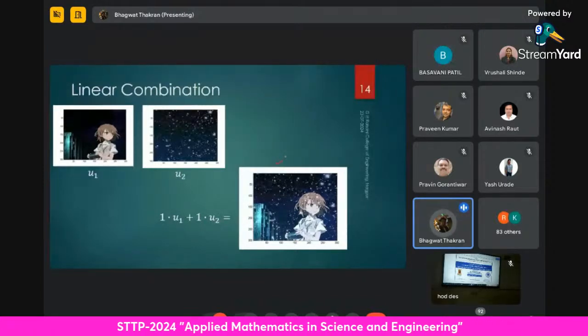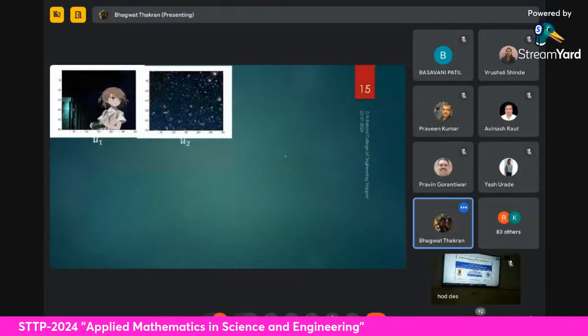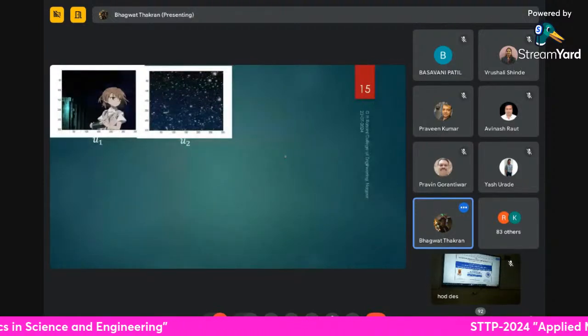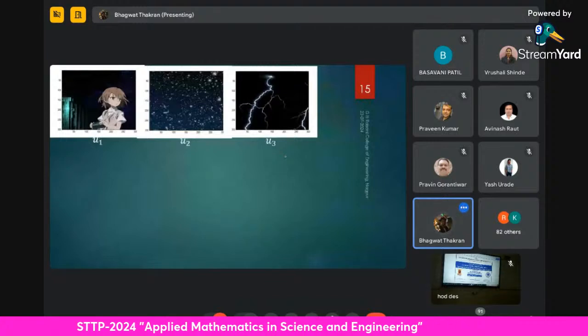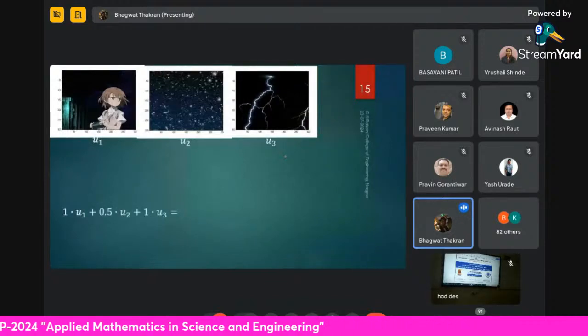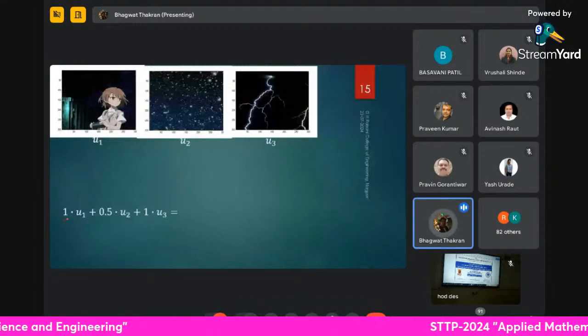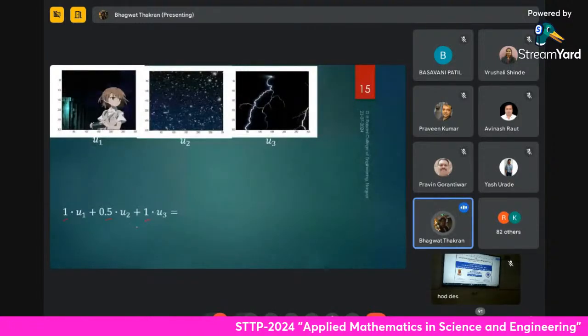And let's say I consider a third vector. u1 is the vector of a picture of a girl, u2 is the picture of stars, and u3 is a vector representing a picture of lightning. Then the scalar for u1 is 1, the scalar for u2 is 0.5, and the scalar for u3 is 1.